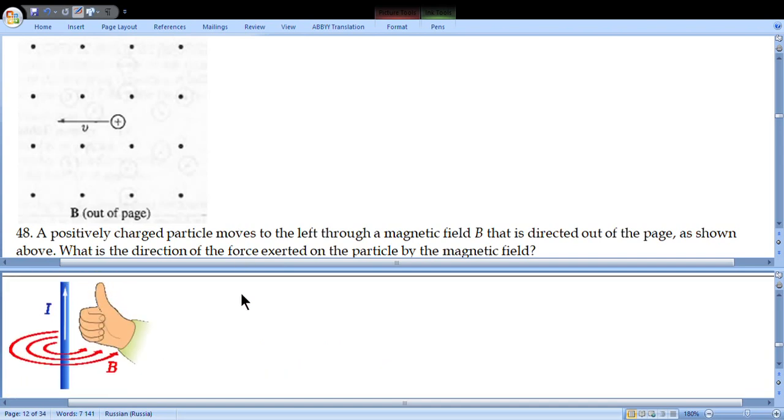By the way, to find the direction of the magnetic field you use the right hand grip rule shown here, but they don't require this.